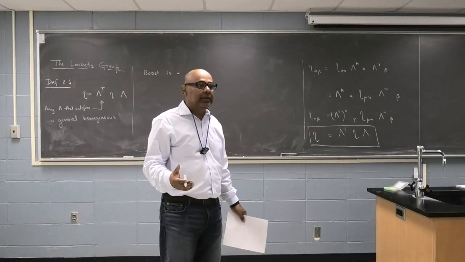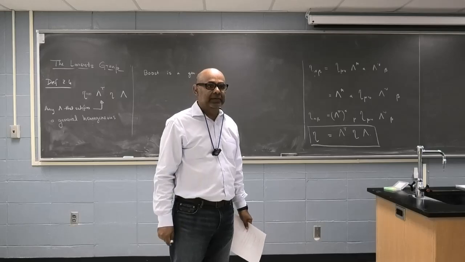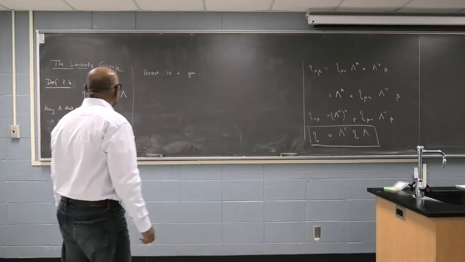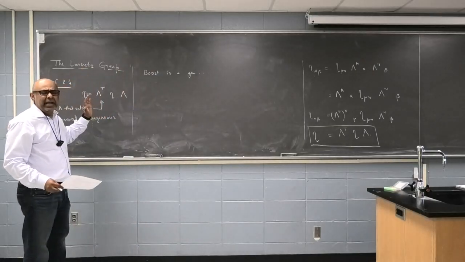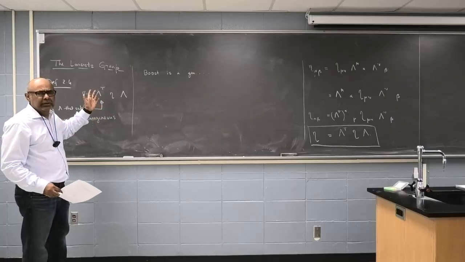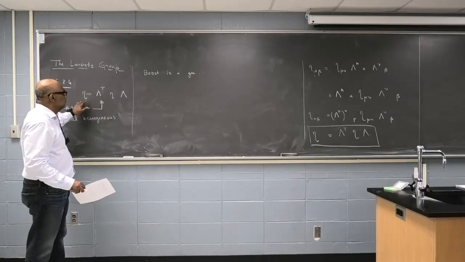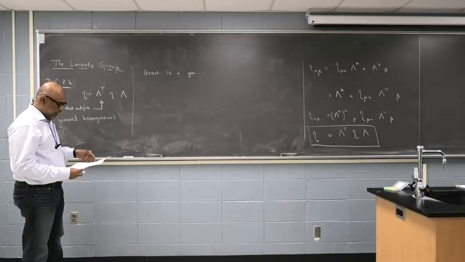I mean, they all better be. Rotations, all of that better be. This is a problem. You'll have to verify it. You have to pick a boost. At the moment, we just do it along the x-axis. You have to convince yourself that this formula is true.